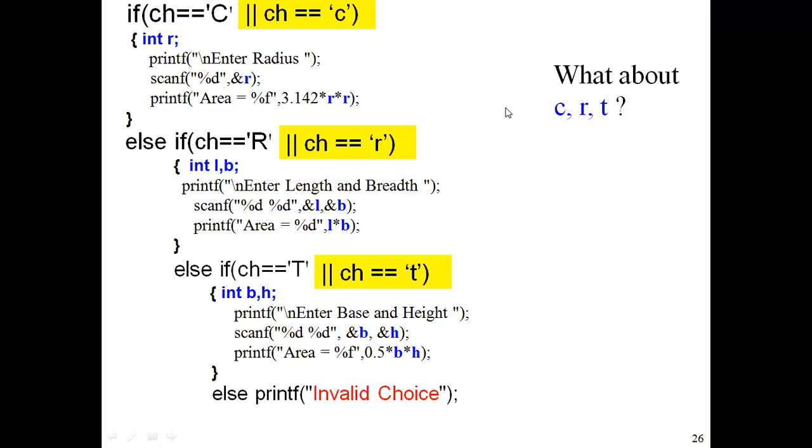So don't just keep complaining. Think positive, accept it. Make whatever adjustment is needed. You are a programmer. Listen to users. So you have to make it more flexible, and that's how we can do it by adding or conditions. Clear? Those who have not written the program, if you want, take a screenshot of this. When you do practicals, you should add this small letter also.